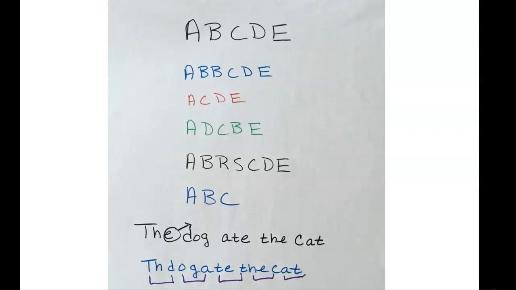So if we had a duplication and we duplicated that B, now our code is A, B, B, C, D, E. If we have a deletion where we remove the B, now our code is A, C, D, E. And if we have sort of an inversion where we flip around B, C, D, now our code in green, as you see, becomes A, D, C, B, E.